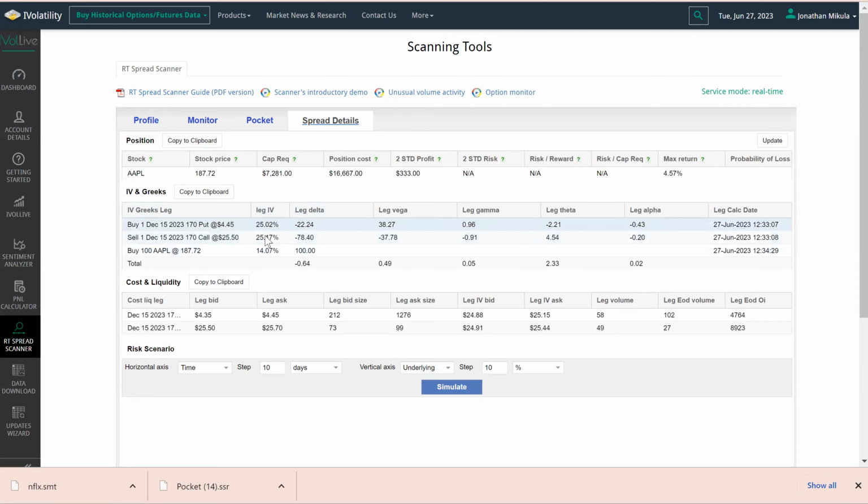This is where you would find not only the implied volatility, but the different Greeks for each leg of the conversion, and then the total for the position. And here's the pricing: bid, ask, size, volume.